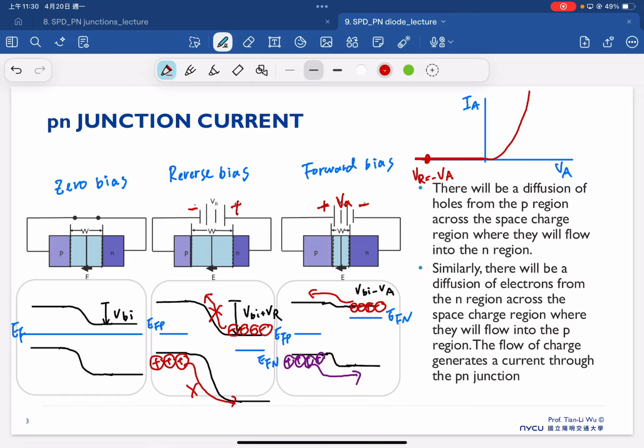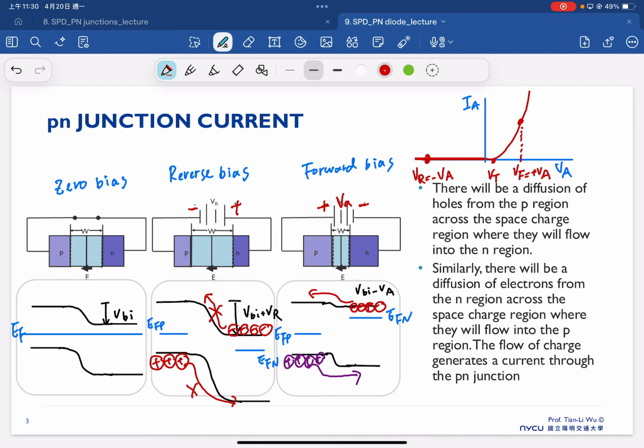When the voltage is larger than a certain turn-on voltage, VT, then we will see the forward current, at the point VF equal to positive VA.